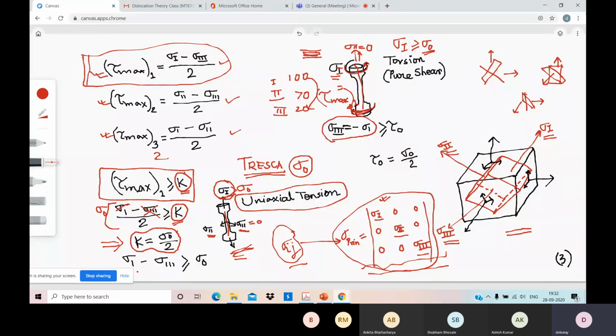Now again come back to the generalized expression, and the generalized expression of Tresca's criteria is sigma principal, sigma Roman 1 minus sigma Roman 3 has to be equal to or exceed sigma naught. And what is your sigma naught? Sigma naught is your yield strength in uniaxial tension.